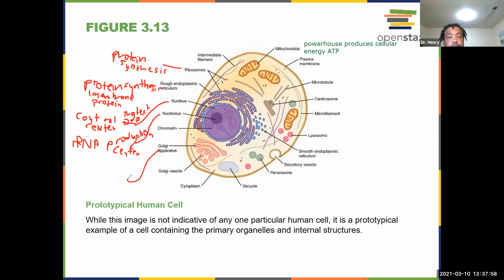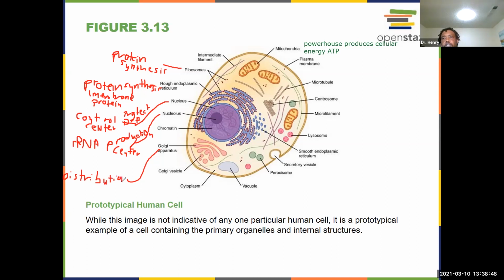So the Golgi apparatus. Okay, so the Golgi apparatus is for distribution, so distribution of proteins.